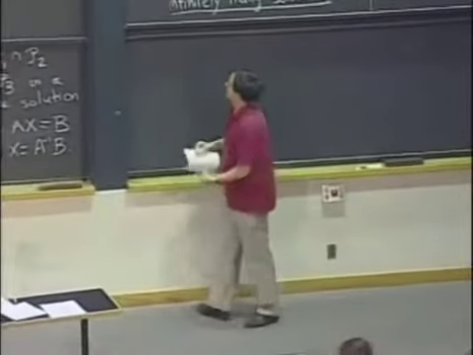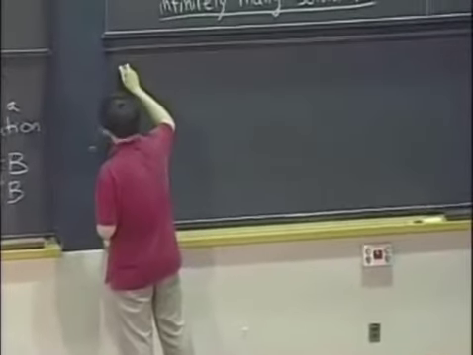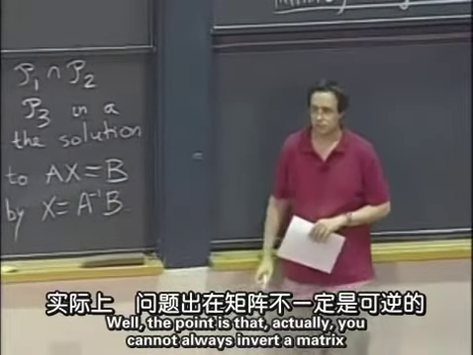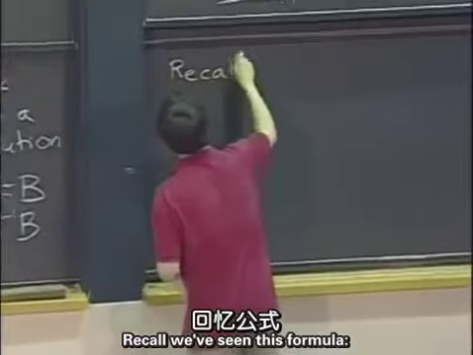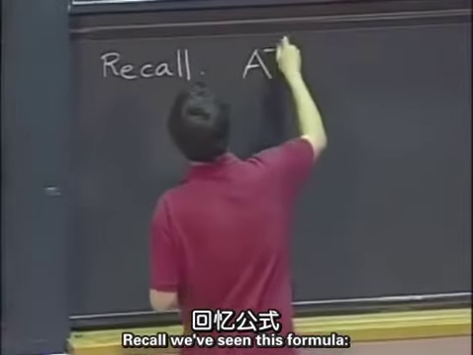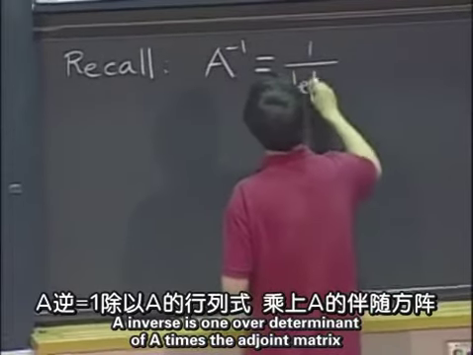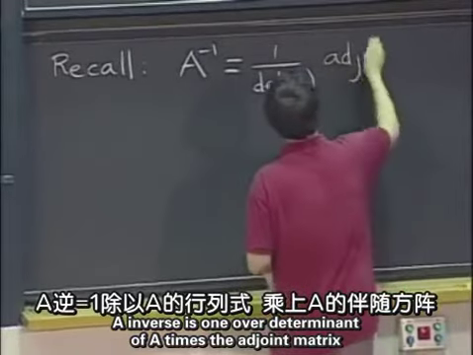Well, the point is actually you cannot always invert a matrix. So recall we've seen this formula that A inverse is 1 over the determinant of A times the adjoint matrix.